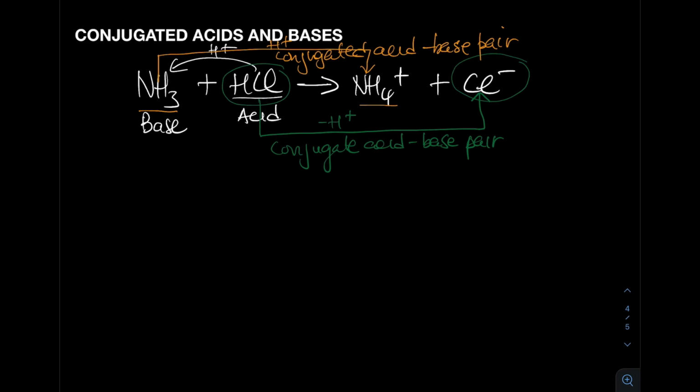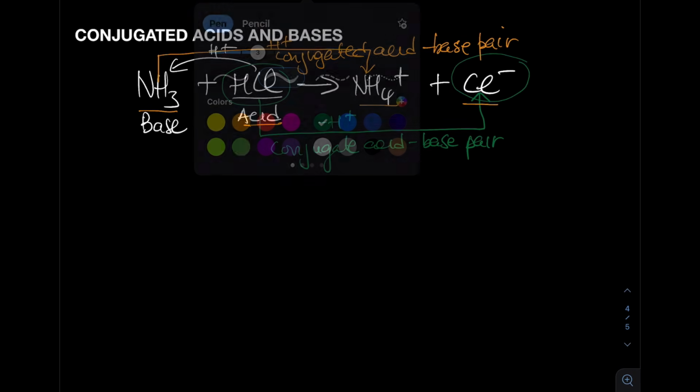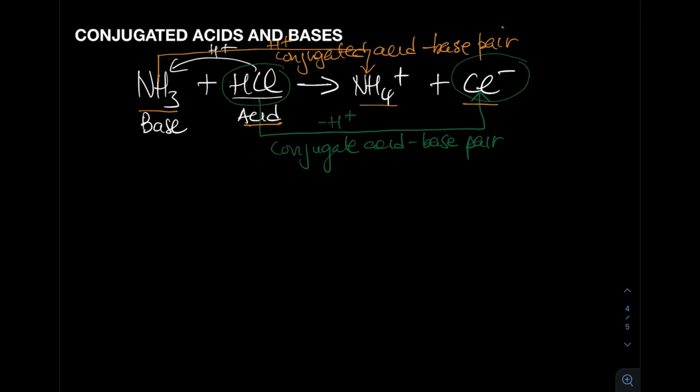Now let's emphasize this. Let's put it this way. When this acid donated a proton, what remained there? It's a Cl minus. So that Cl minus, we now call a conjugate what?